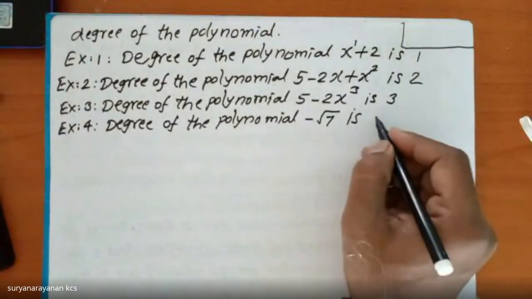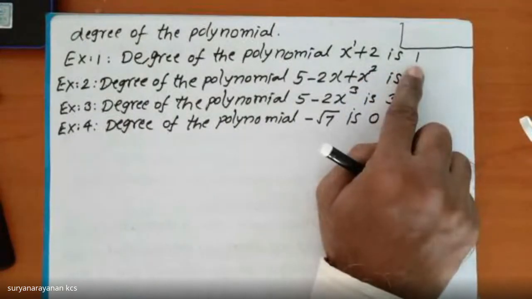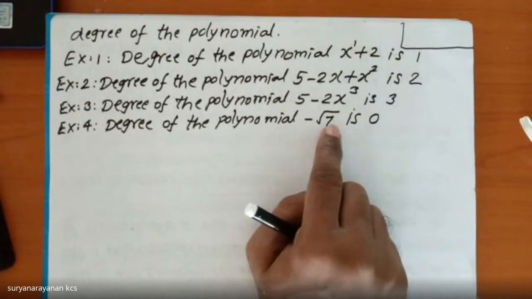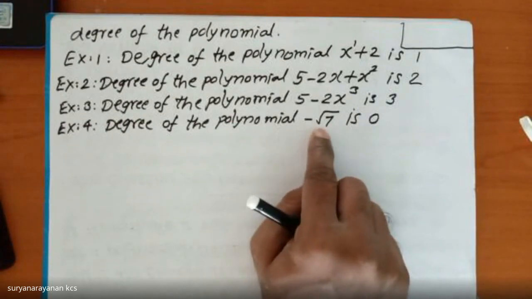Sir, then for the first sum x plus 2, why did we take the degree of the polynomial as 1? 1 only. I wrote here degree of the polynomial 1 only. Sir, then for the fourth one, we are taking it as 0? Please observe this polynomial carefully.